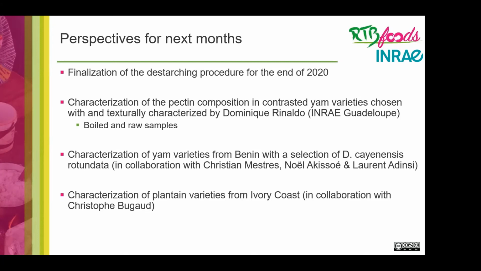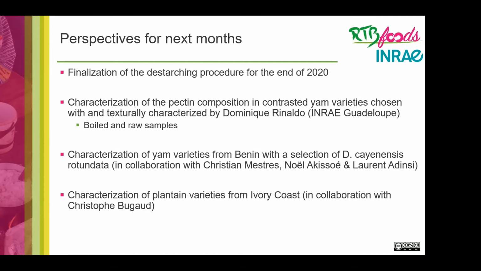And especially, we will start by characterizing pectin composition in contrasting yam varieties that Dominique Rinaldo from INRAe Guadeloupe sent to us. So we received both boiled and raw samples, which is really interesting.